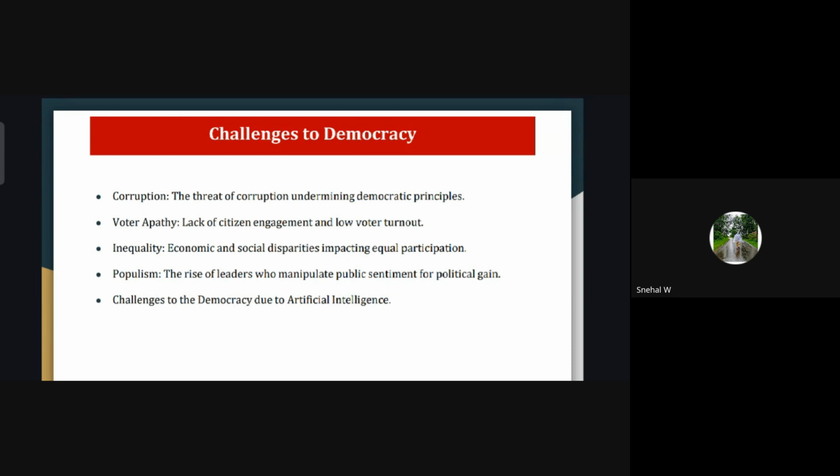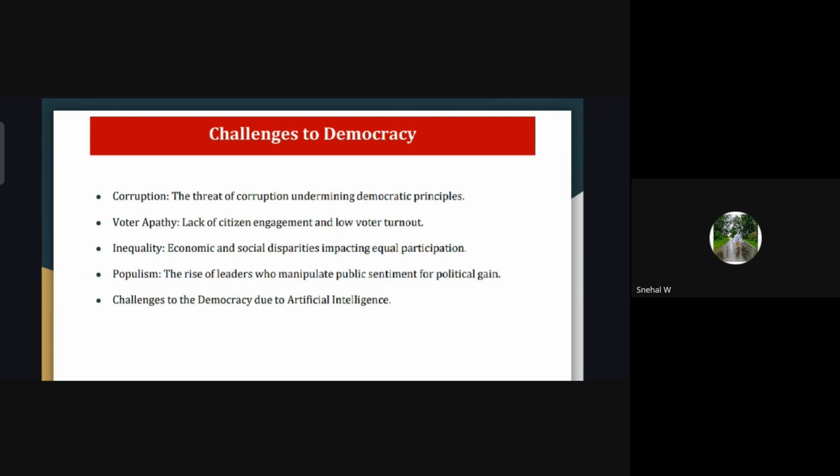Whatever rules and regulations are there, those are supposed to be followed. And on the other hand, government is expected to create such a conducive atmosphere or situation where people can utilize their liberties, rights, freedom, and advance themselves or promote themselves.